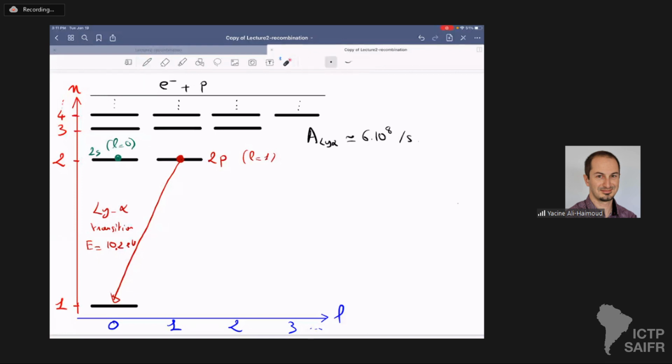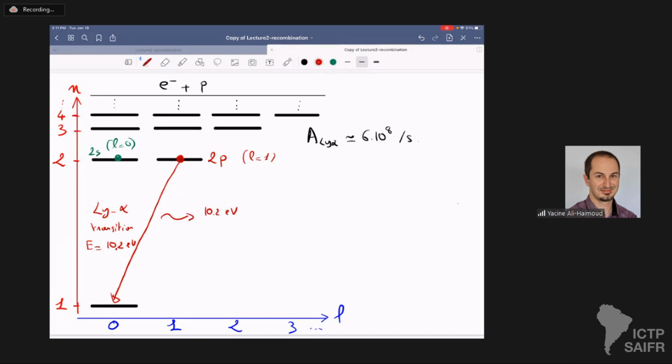Because these photons that get radiated at an energy of 10.2 electron volts get almost always reabsorbed by some other neutral hydrogen atom. Just like the Lyman continuum photons, the 13.6 eV and above photons, which got almost always reabsorbed, those photons also get almost always reabsorbed.